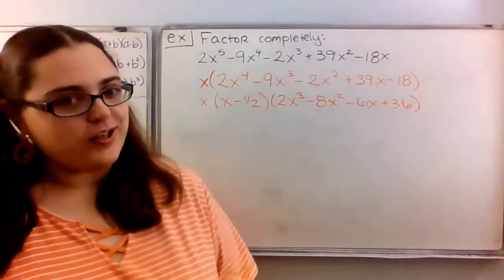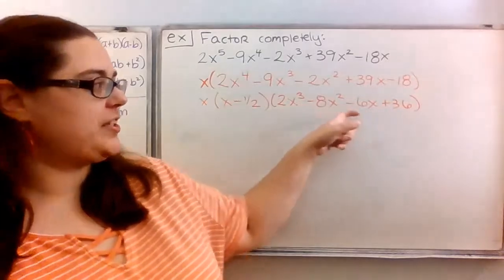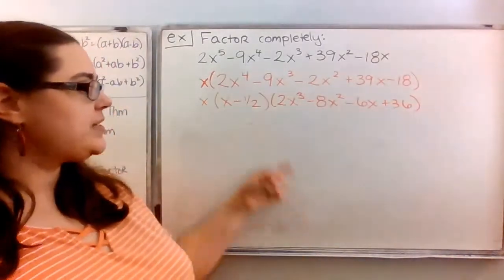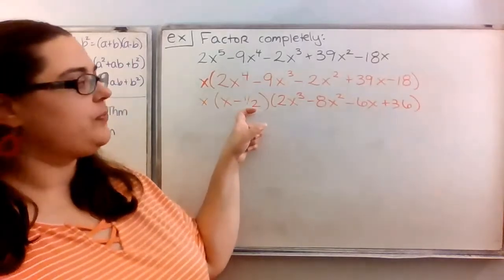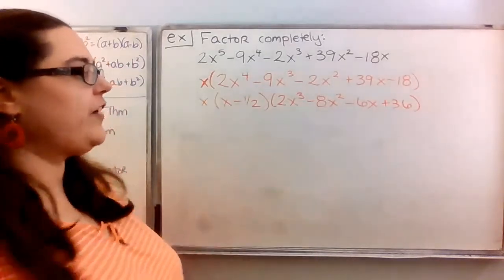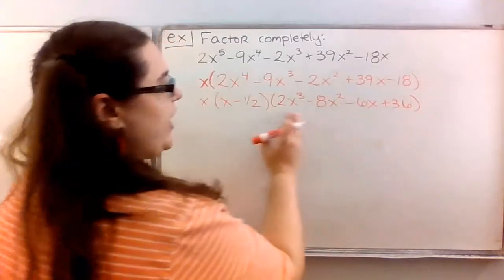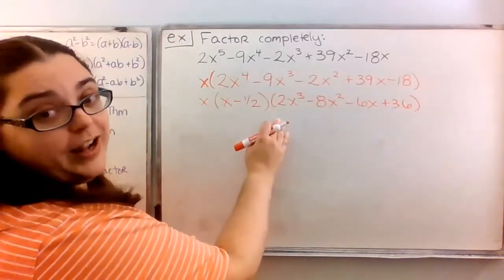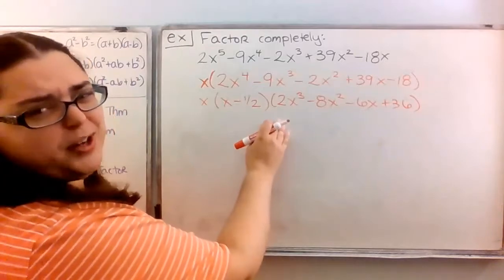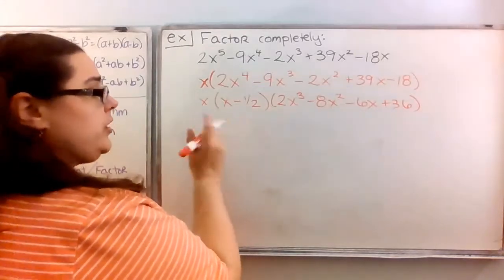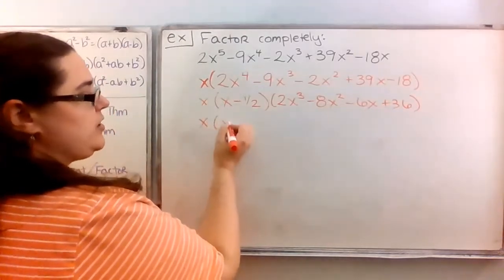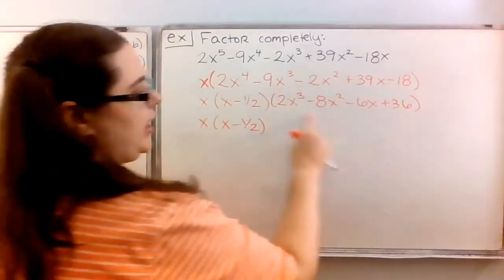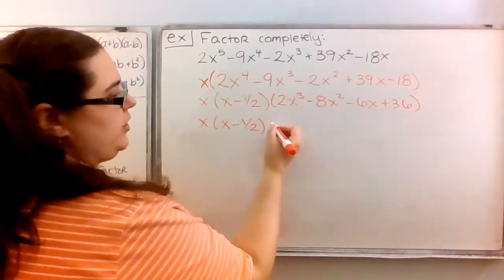Now, one thing you may notice is that each of our coefficients here is even. I think that happened because we had this fraction here. So if I wanted to, I could factor a 2 out of this factor here, and then distribute it into this factor to get rid of the fractions. So, why don't we do that? I'm going to keep this first one and this second one the same. And then I'm going to factor a 2 out of this big long factor here.